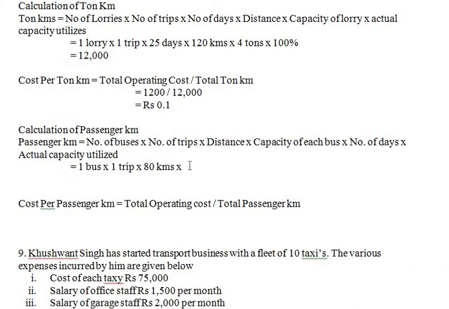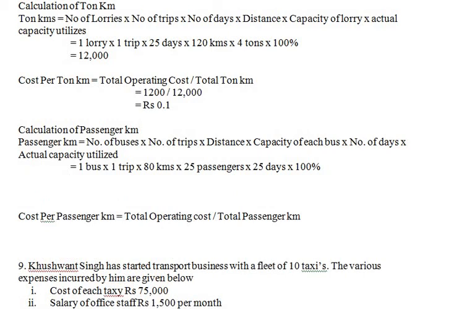Here it is 25 passengers into number of days is 25 days, which is given in the problem, into actual capacity utilized is 100%. If they have not given any information related to this, then assume that it will be 100%, which will be equal to 50,000.